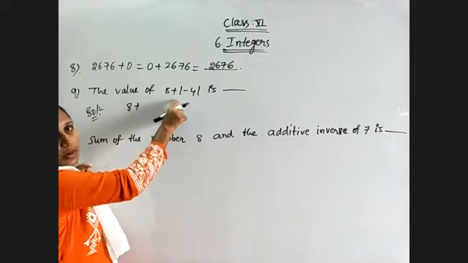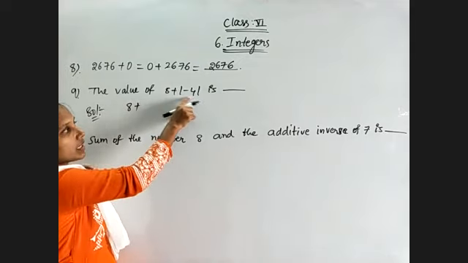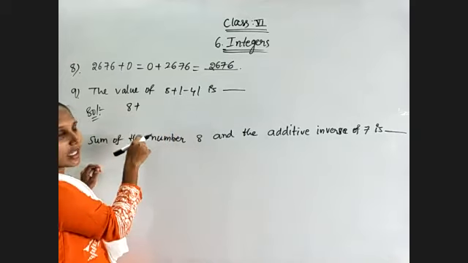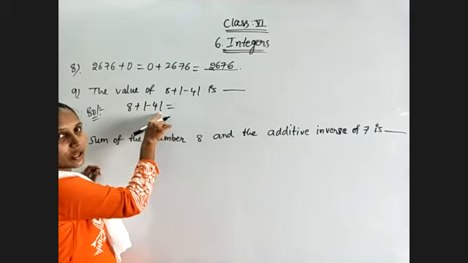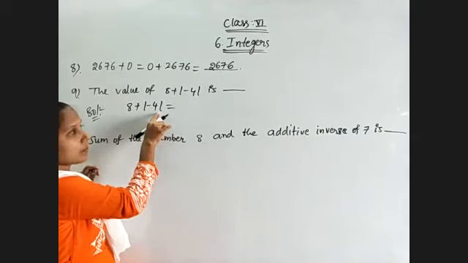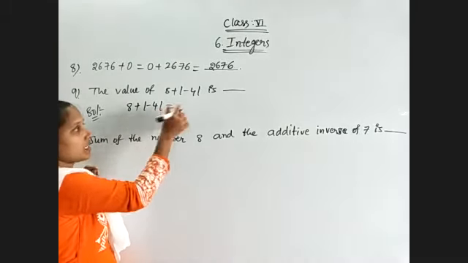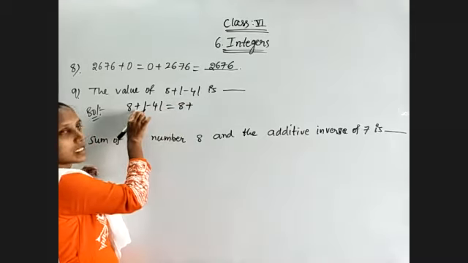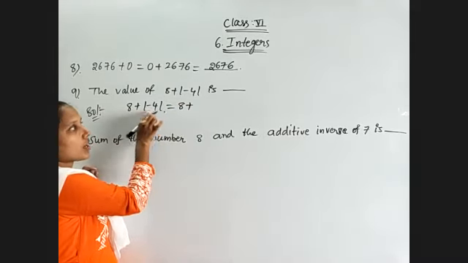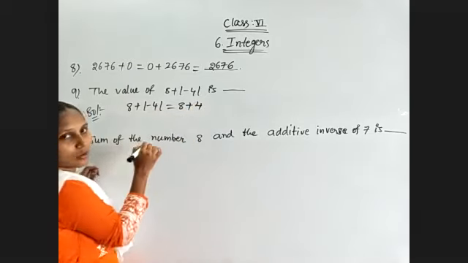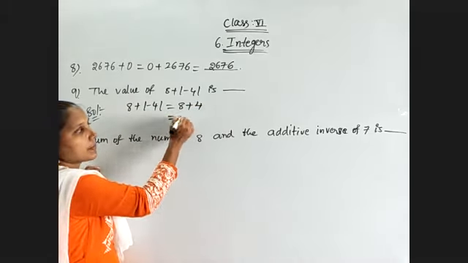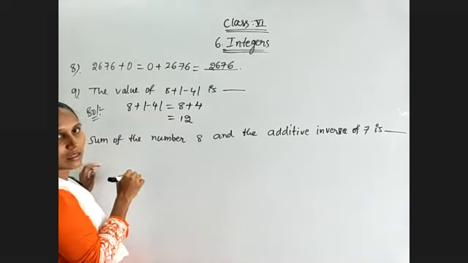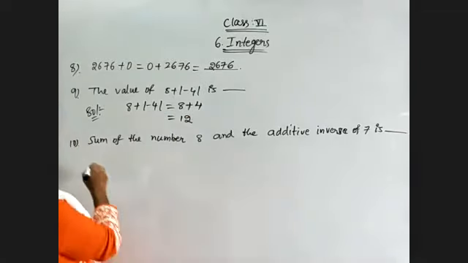See, between these two integers we have addition, but here this integer is directly not given. Mod of minus 4 is given. So mod is nothing but absolute value. Absolute value of any number is just the number. Yes or no? Means 8 plus is this plus. Okay. And mod of minus 4 is 4. That's all. So now the result is 8 plus 4 is equal to 12. That's it.